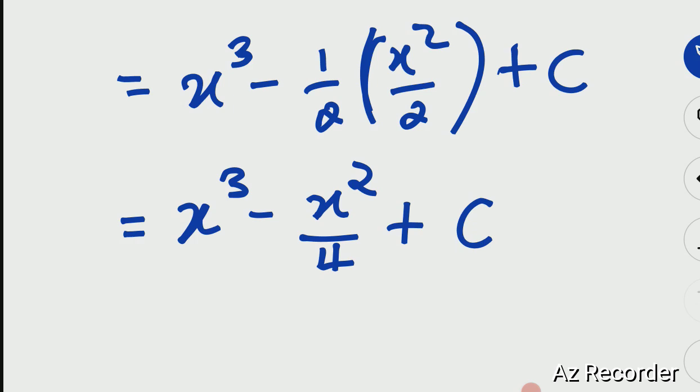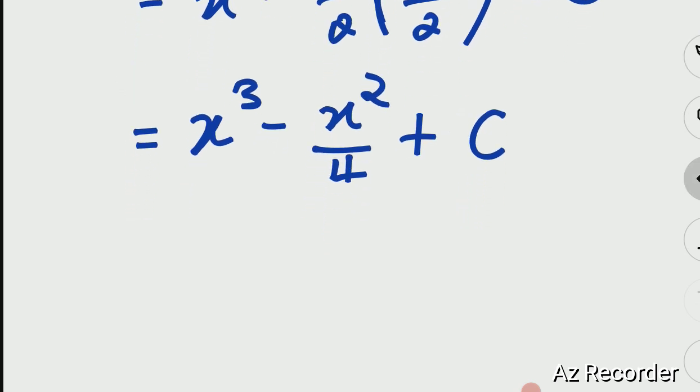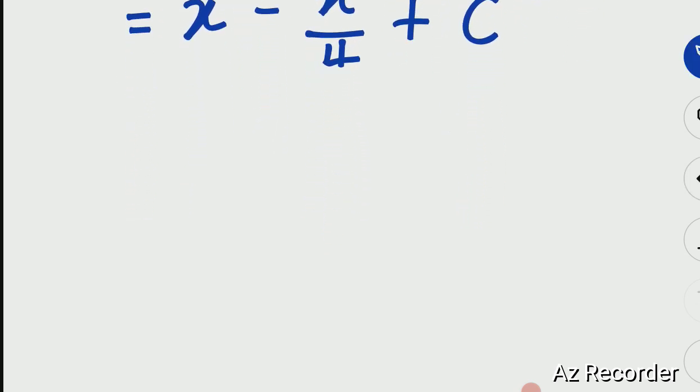That was number 4. Remember the ILATE, I want us to touch all the parts here on ILATE. We already had inverse trig function, we have touched an equation on that.